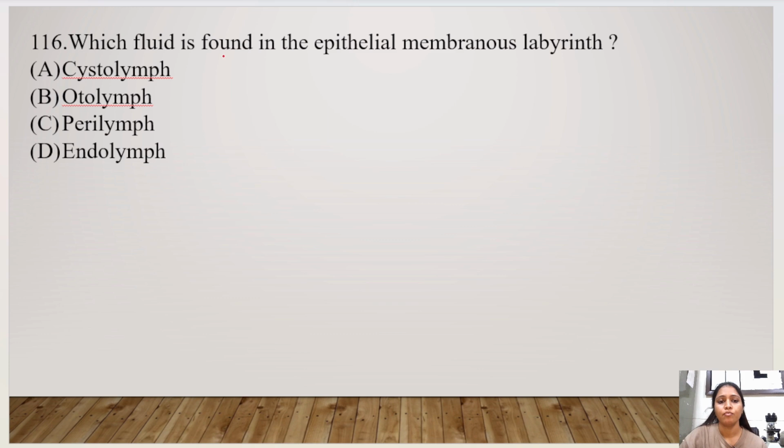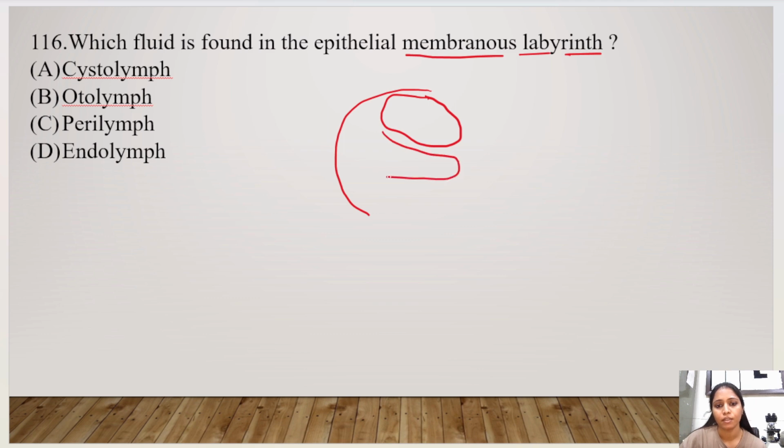In this question, which fluid is found in the epithelial membranous labyrinth? So we all know that membranous labyrinth is the structure of the inner ear. If we cut the cross section of the cochlea, three structures are present. These are scala media, scala tympani and scala vestibuli.